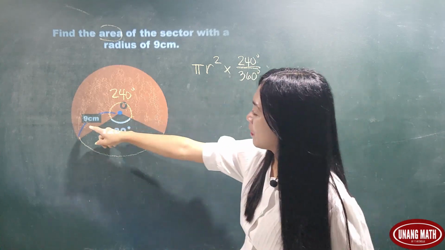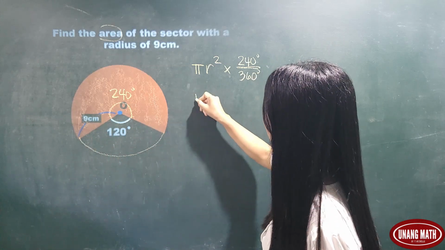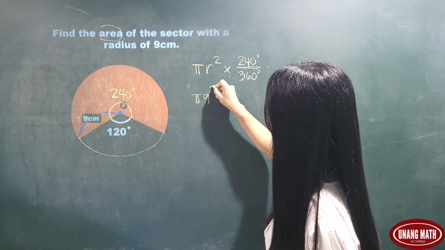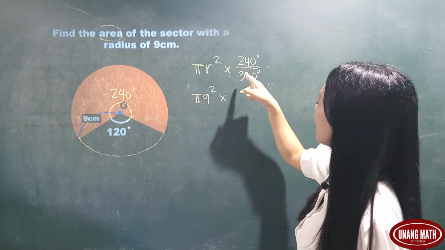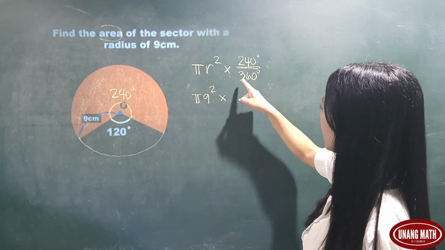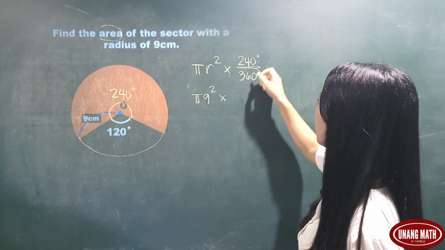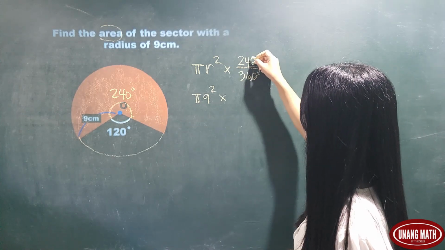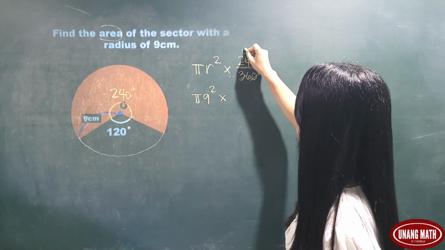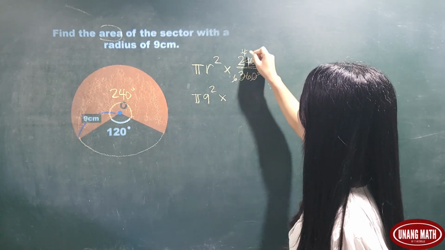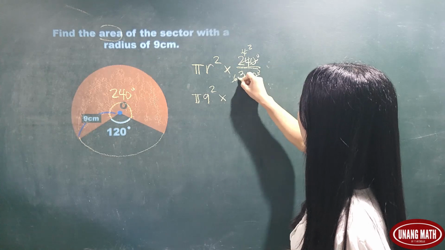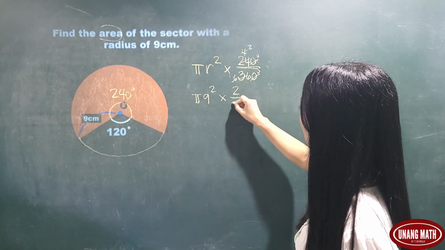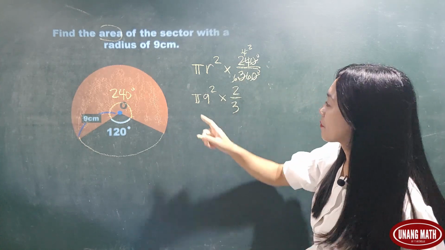Okay, so the radius is 9 centimeters. So this is pi times 9 squared, times, if we simplify 240 over 360, this is 24 over 36, 4 over 6, 2 over 3. So times 2 over 3.